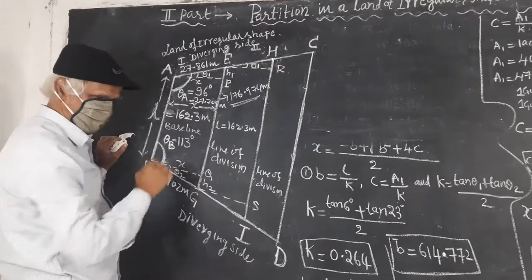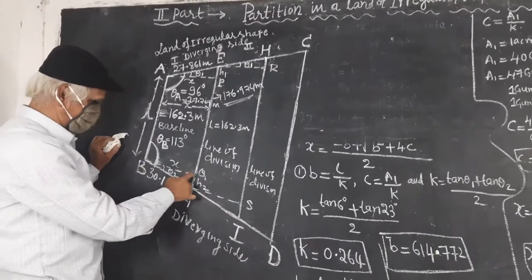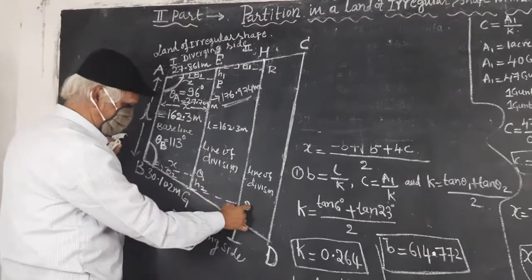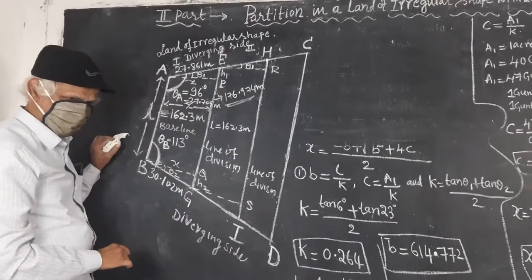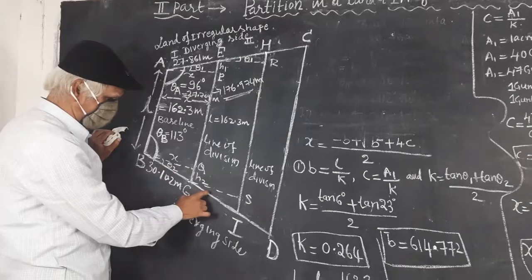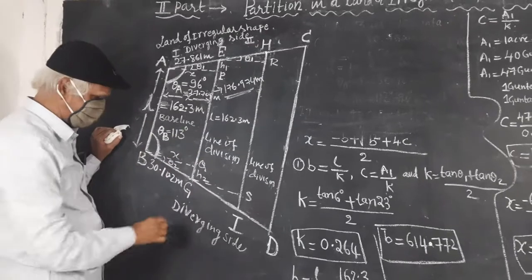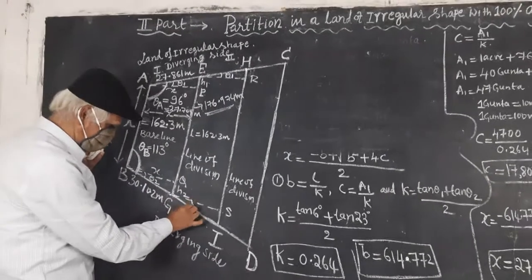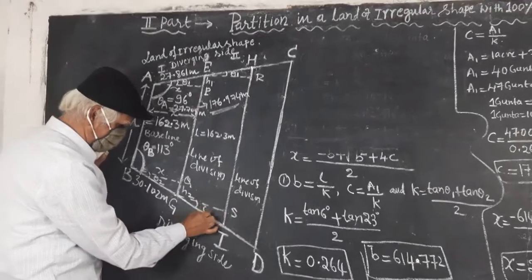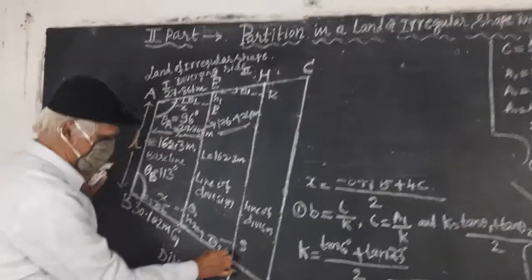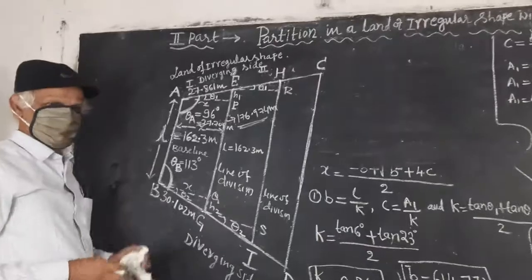Similarly, in the lower side, BQ and GS are parallel to one another. Hence, corresponding angles must be equal. Hence, the angle SGI is equal to theta 2.